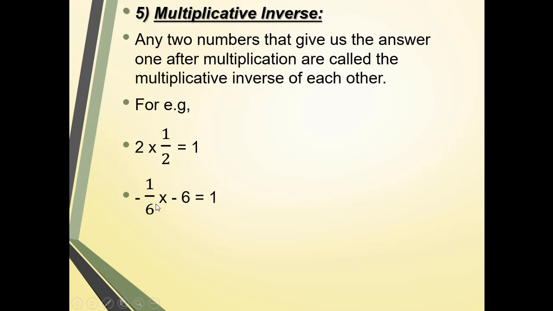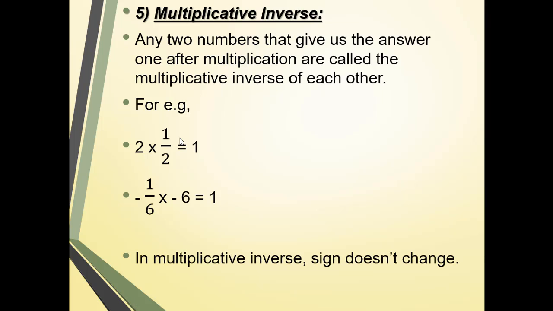Similarly, if we take minus 1 over 6, the multiplicative inverse for that is minus 6. You can also say that multiplicative inverse is the other name for the reciprocal of any number or any fraction. So in both cases, if we just cancel the values, we will get the answer 1. One more thing we need to remember in the multiplicative inverse is that the sign does not change. In multiplicative inverse, sign does not change.